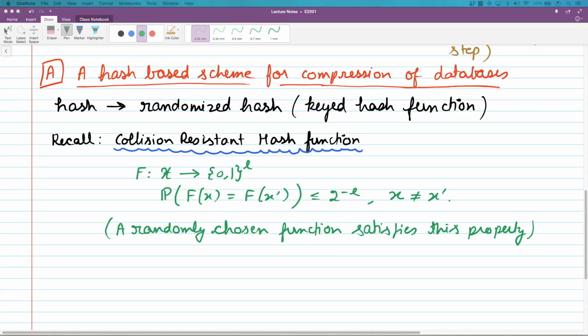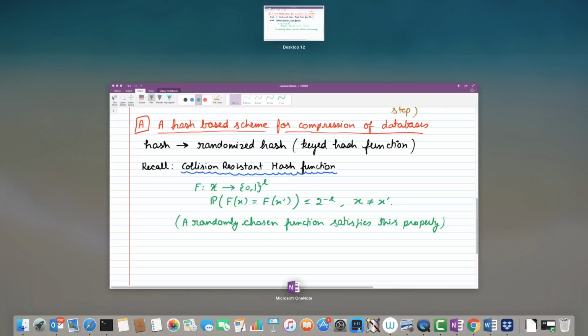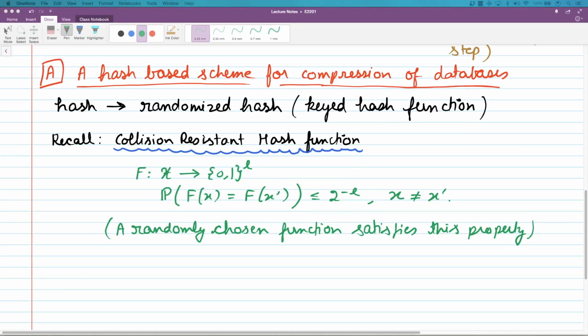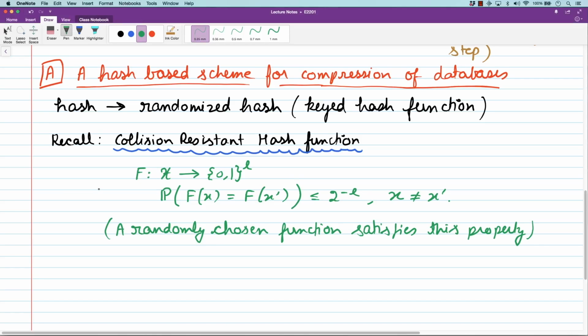So for efficiency, what we would like to use is something which doesn't require that much randomness, and this is the notion of a so-called universal hash function, which I'll define next. This property, let me call this property star, has a name, but here is a formal definition.